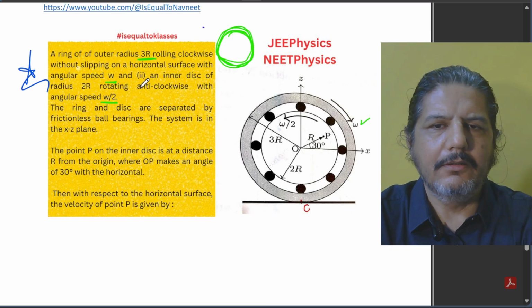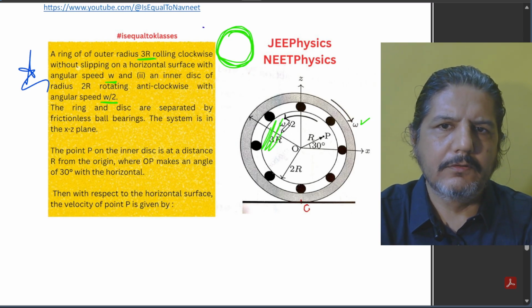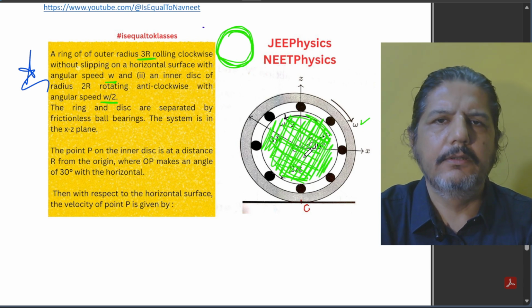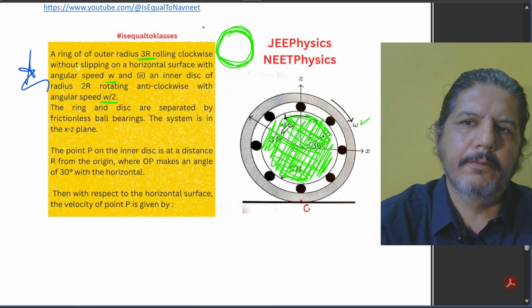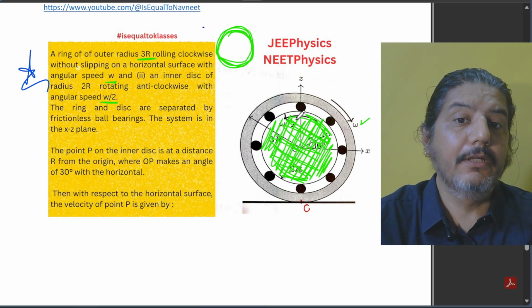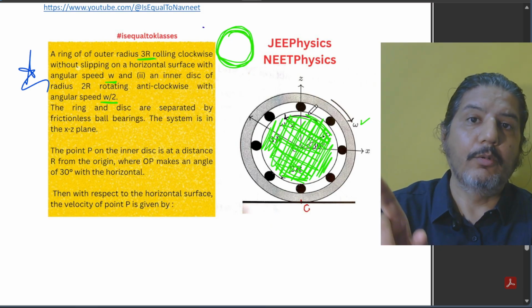So there is a disk inside. There is a ring outside and there is a disk inside. This disk has a radius of 2r and this disk is moving in the opposite direction to the outer ring.